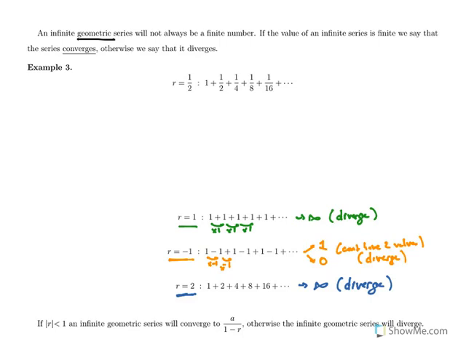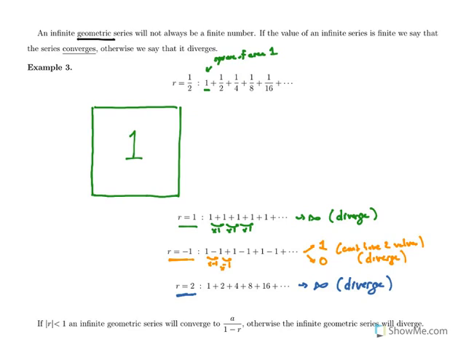All right, so here we go. We are adding a bunch of things together. We're going to start with this 1. Or we're going to say this is going to be a square of area 1, 1 unit squared.